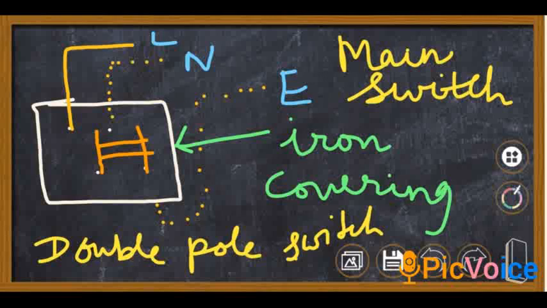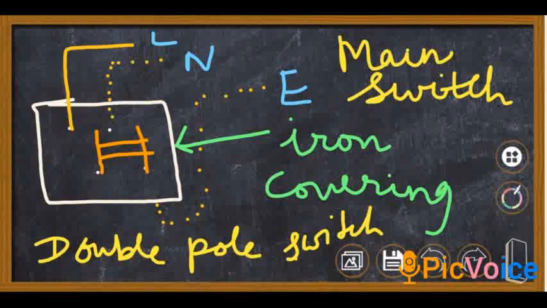This main switch is having an outer covering made up of iron. To this outer covering the earth wire is attached. 3 wires are coming out of the kWh meter: live, neutral and earthing. Earthing is just connected to the outer covering, okay, and the live wire goes inside, neutral also goes inside.